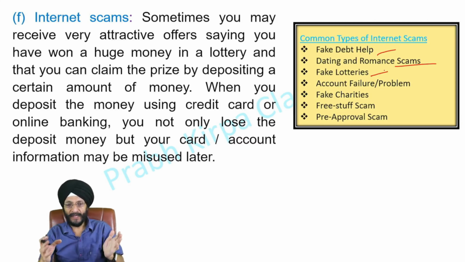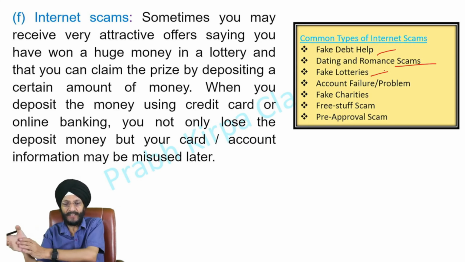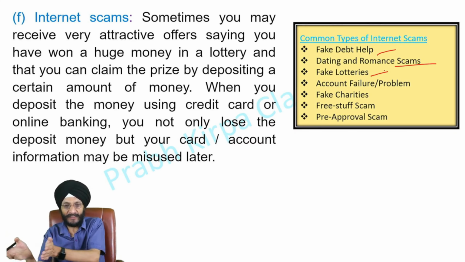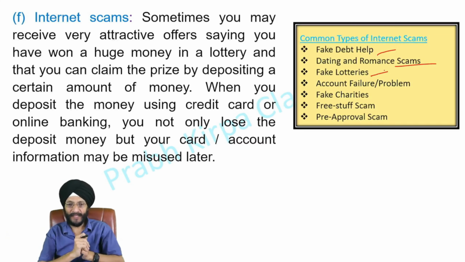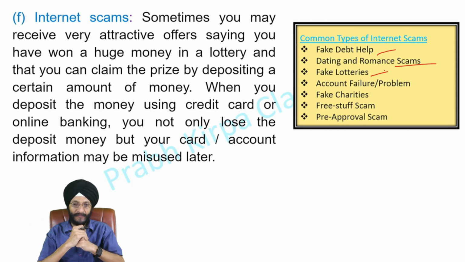in which it may be written that you have won the lottery and you are supposed to deposit a few dollars, such as $50 or $100, and you will be credited a sum of say $1 lakh in your account. You are to give the details of your bank account and deposit a small amount of money in the particular account which may be given by the other person.